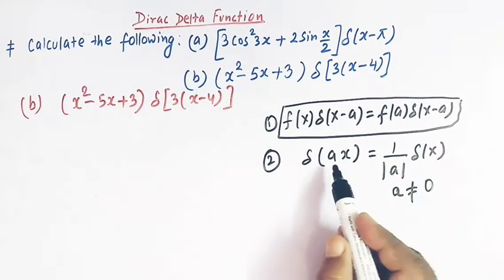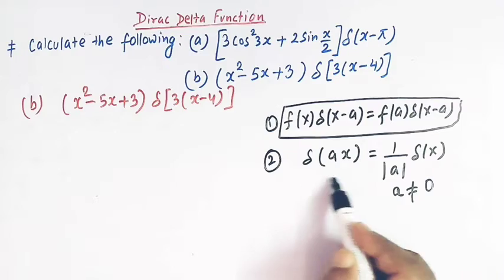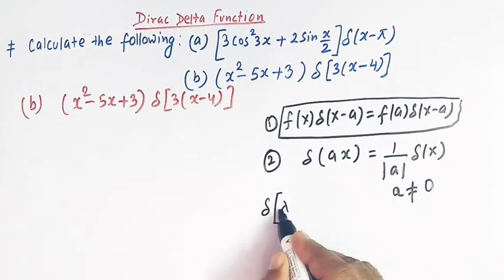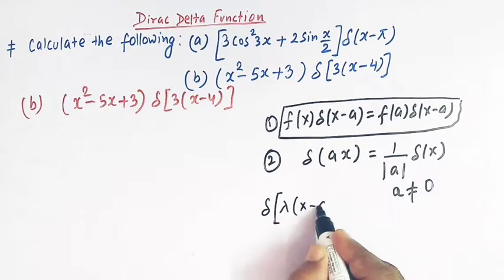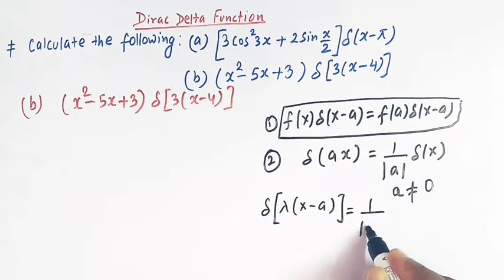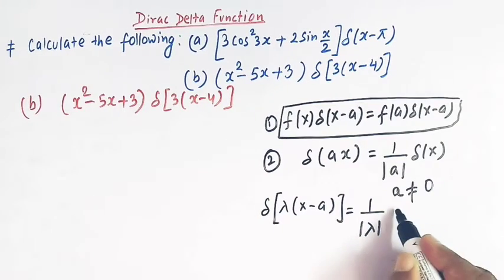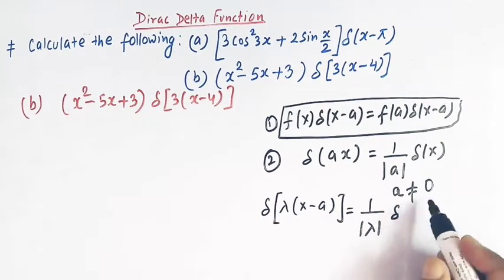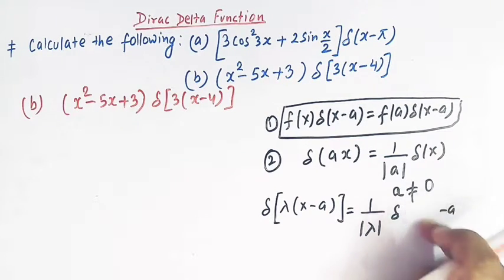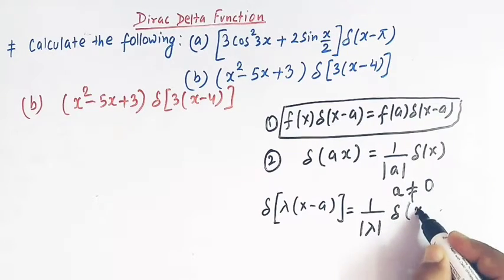So we can slightly modify this property to delta of lambda times x minus a is given by 1 over absolute value of lambda, and here we have simply delta of x minus a, right.